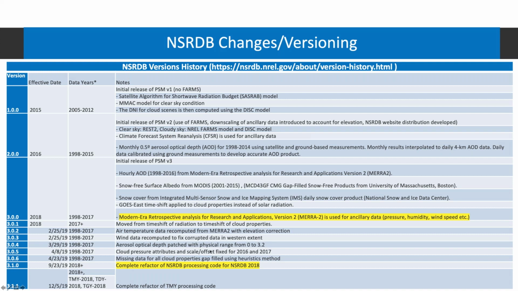But essentially what I wanted to mention here is that as our science improves, we will have version changes with an attempt to reprocess all our data, not just moving forward, but of course there are some limitations, but we'll try to always update all the data set starting back from 98, every time we make a major change in our modeling effort.